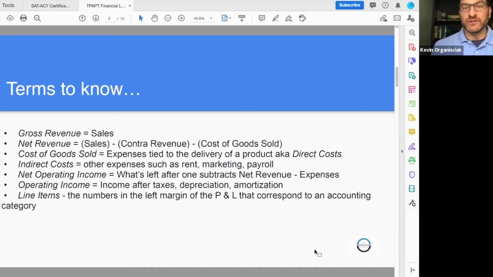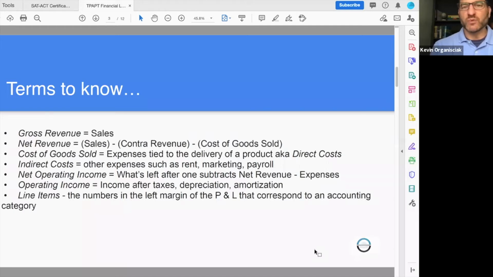So contra revenue is just refunds or money back, sales give backs and returns, minus also the cost of goods sold. The cost of goods sold are basically the costs associated directly with delivering the product.